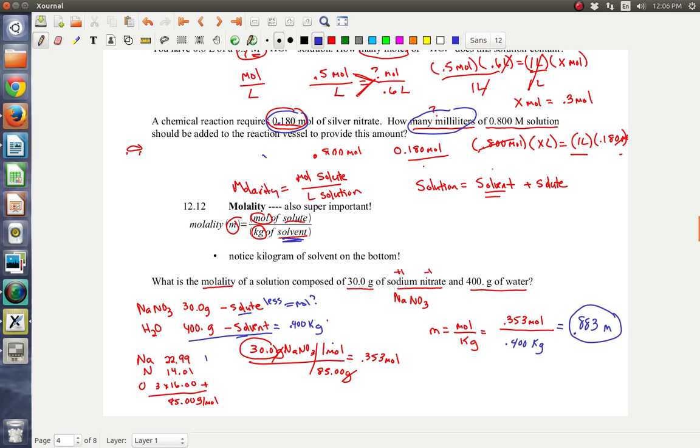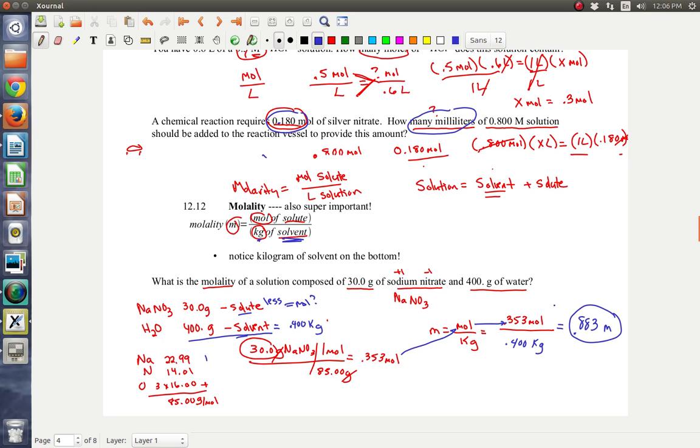Once I know the molar mass, I can figure out how many moles. And that's the number of moles right here. Then I got to turn my solvent from grams into kilograms because molality has kilograms in it, not grams. And then I divide by the kilograms to get the molality of the solution itself.